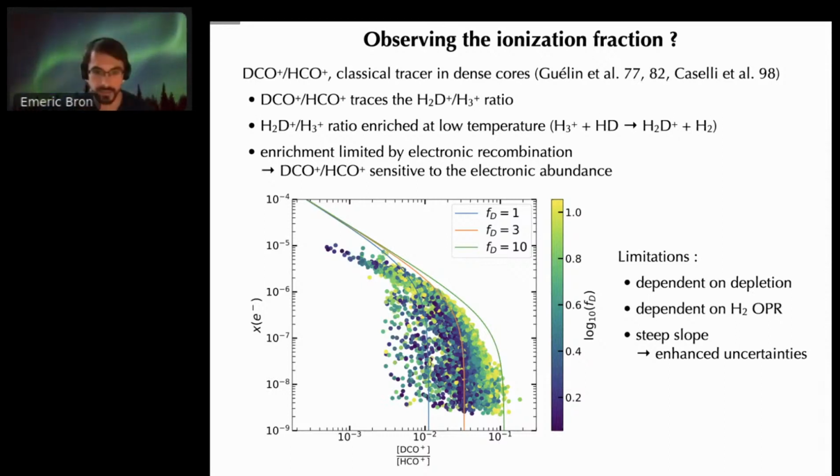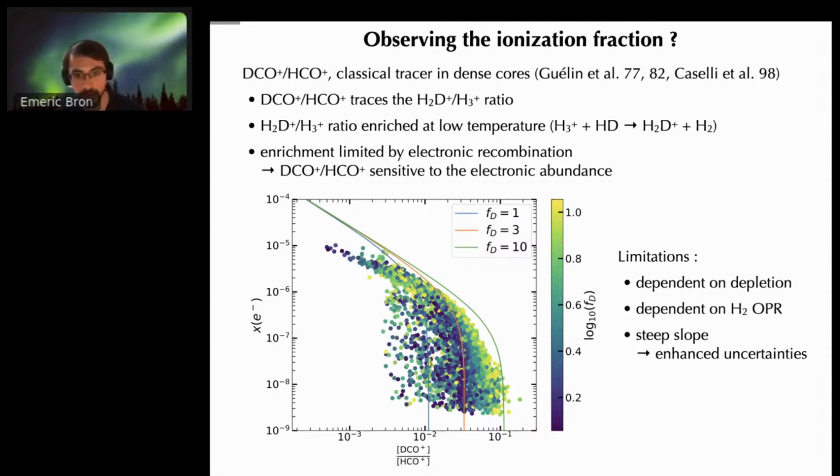And in addition, we see that at low ionization fraction, the slope of the relationship becomes very steep, which means that a very small error on the observation of the DCO+ over HCO+ ratio will result in a very large error on the estimation of the ionization fraction.